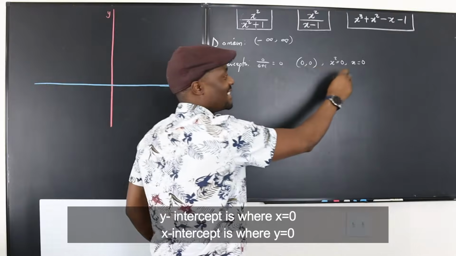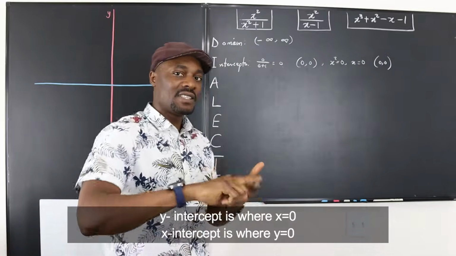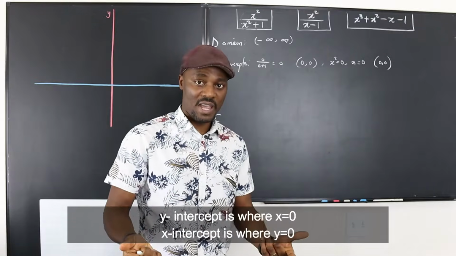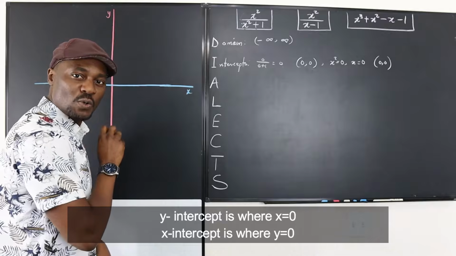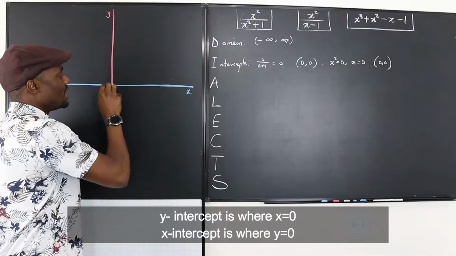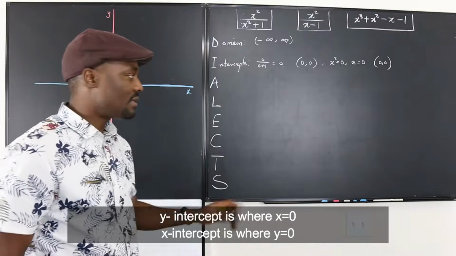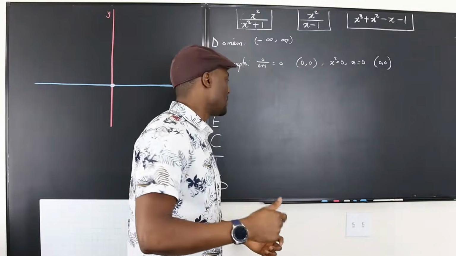It's the same point as this. It means that the x-intercept and the y-intercept are the same, and they're at point 0, 0, which is the origin. So you quickly go to the graph and say that you know that this point has to be on the graph because it's both the x-intercept and the y-intercept. We'll move on to the next thing.